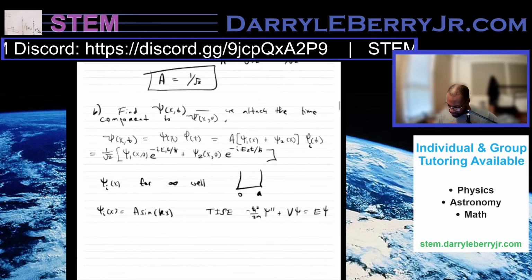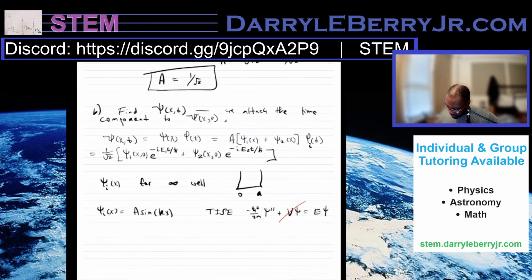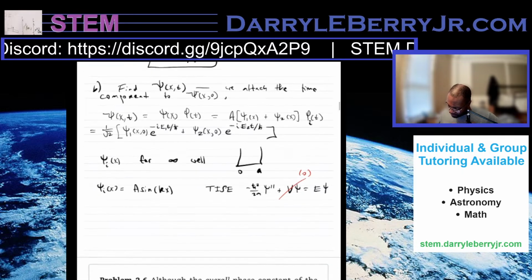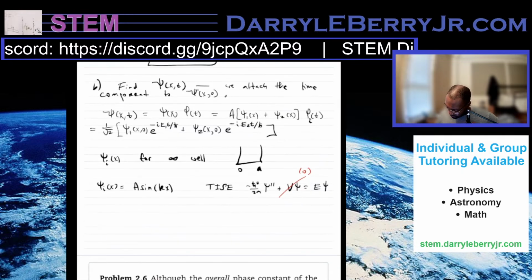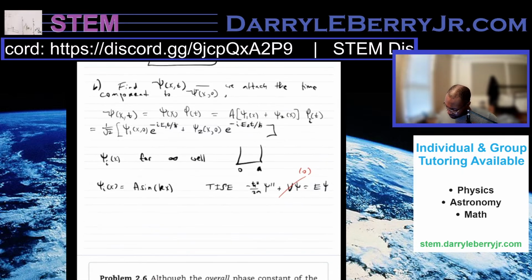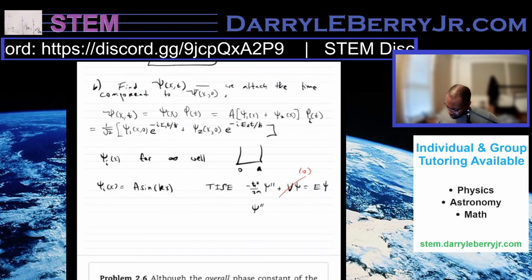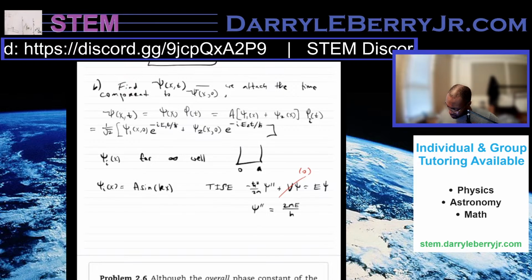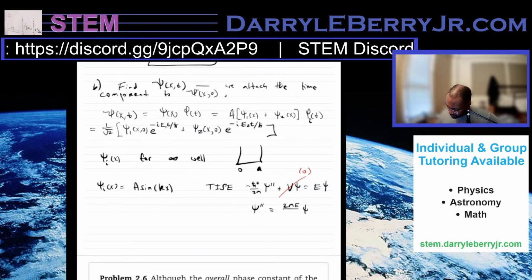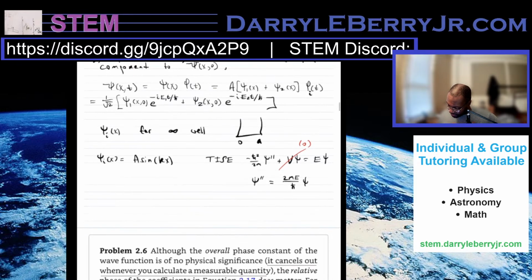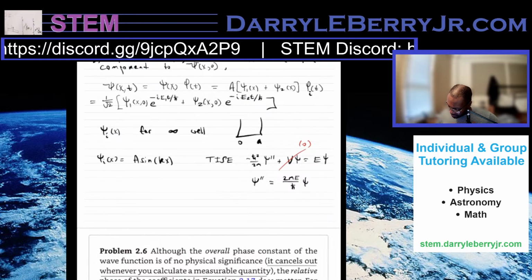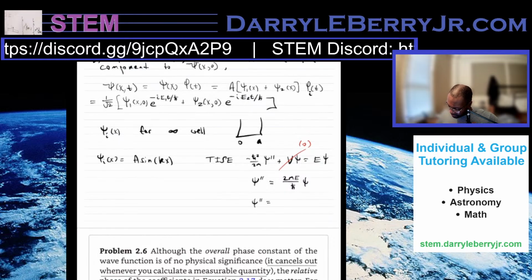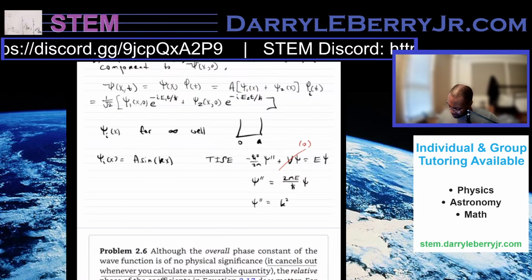In this case, V is 0 because it's an infinite square well. So we have psi double prime equals negative 2mE over h bar squared psi. And so that means that psi double prime equals negative k squared psi.